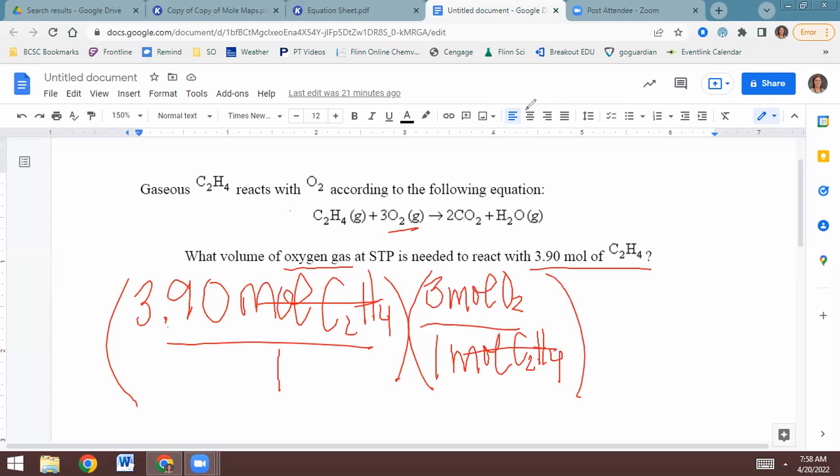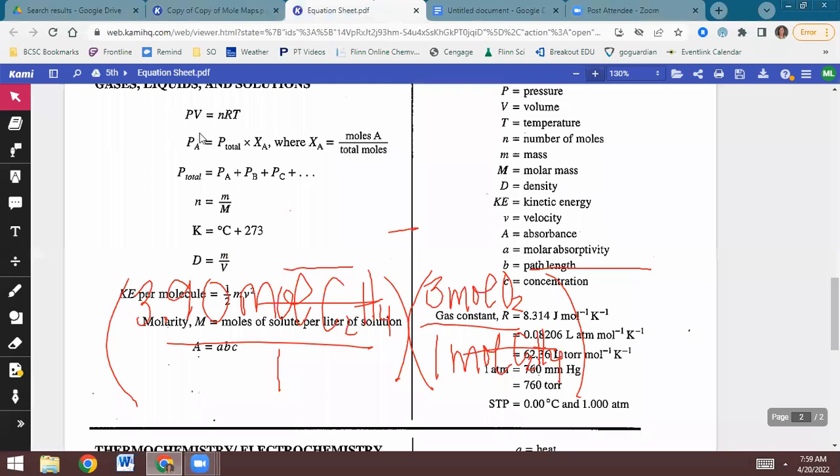Now, from this point, there's two ways to do it actually. When you get the moles of O2, then you could use the PV equals nRT equation. Oh gosh, that's still there. Sorry.